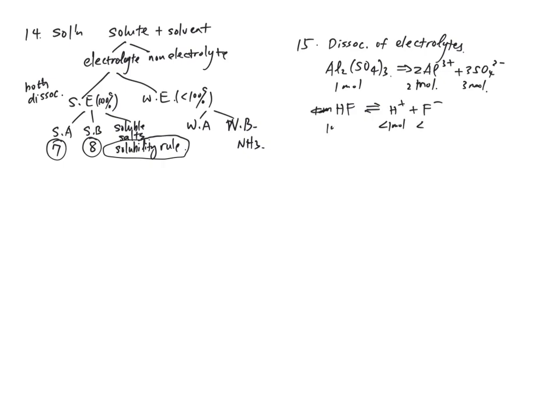So for 1 mole of HF, you would have way less than 1 mole of fluoride ion. The majority of your compounds stay in the form of a free molecule, moving about in the solution.